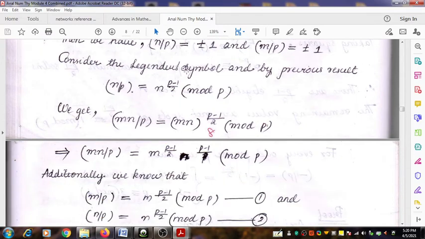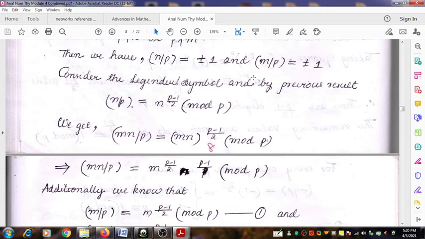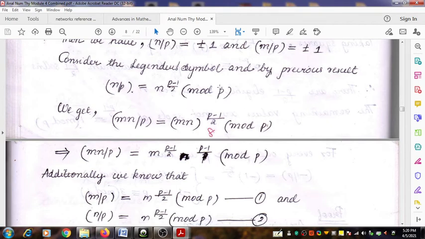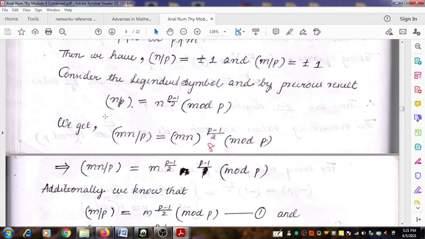Then consider the Legendre symbol and use the previous result, which means Euler's criterion. Using Euler's criterion, (n/p) is n raised to (p minus 1) divided by 2 mod p. Also (m/p) is m raised to (p minus 1) by 2 mod p.